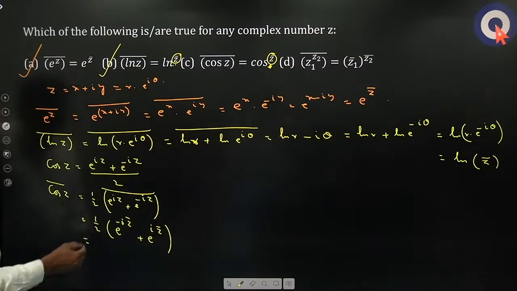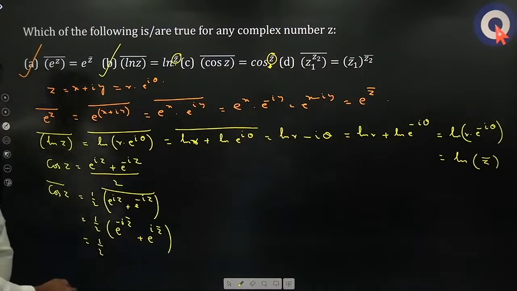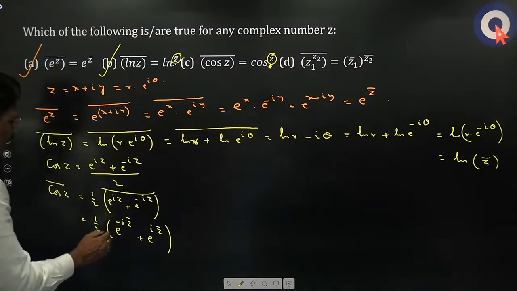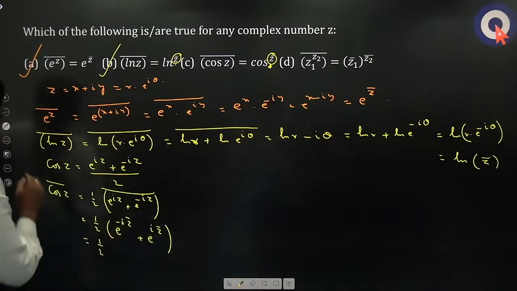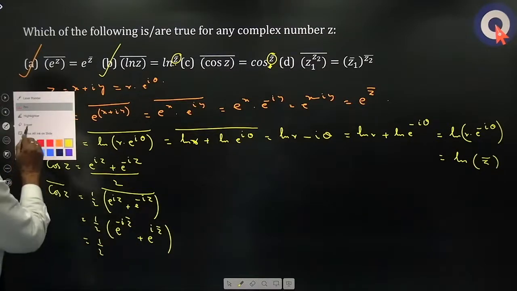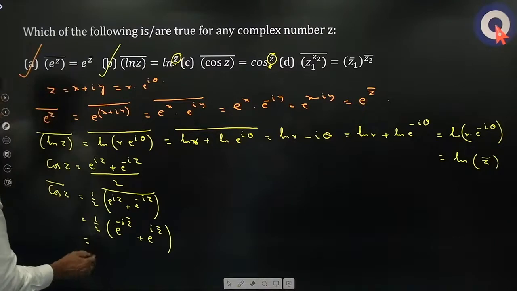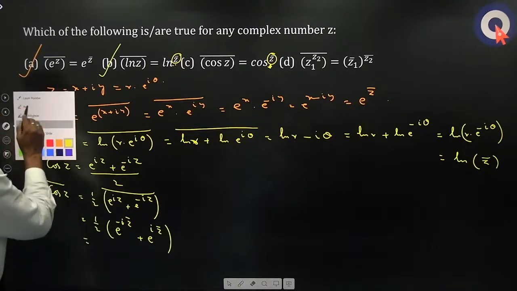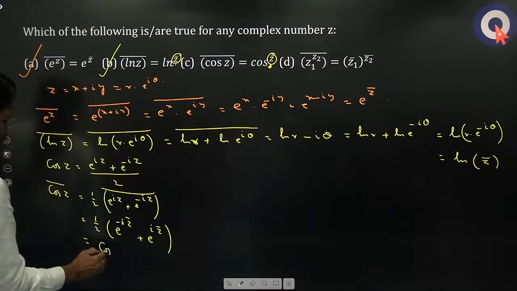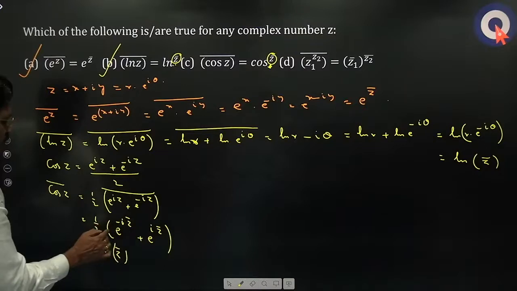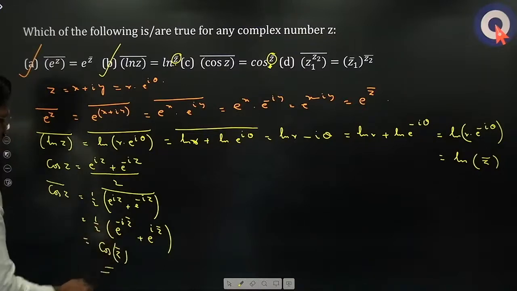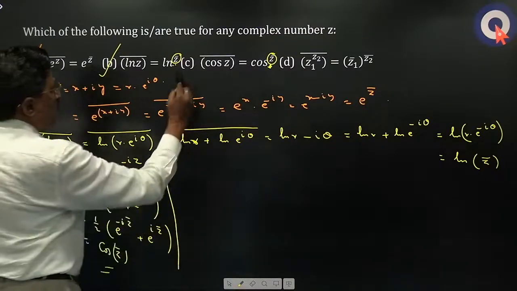This is nothing but half e power minus i z bar plus e power i z bar, which is nothing but cos z bar, right? This is nothing but e power i theta plus e power minus i theta by 2, where theta is z bar. So therefore cos z bar. So even this is correct.